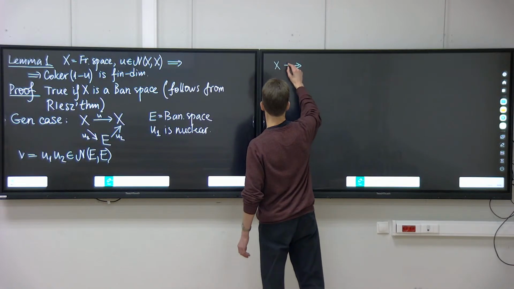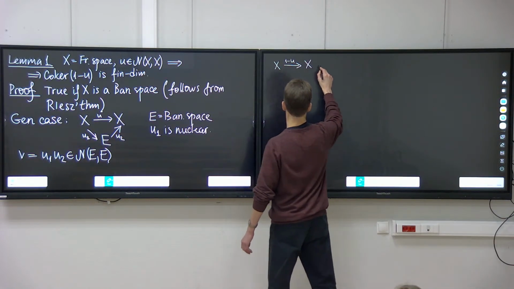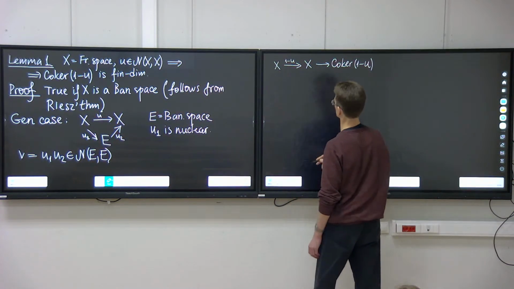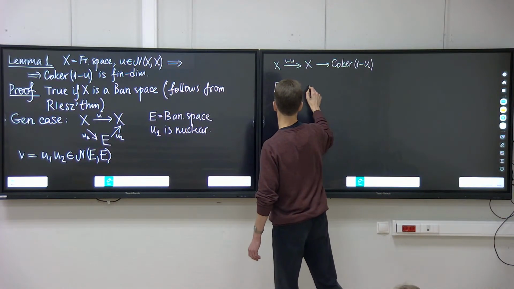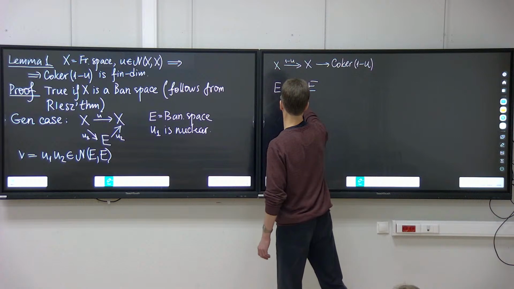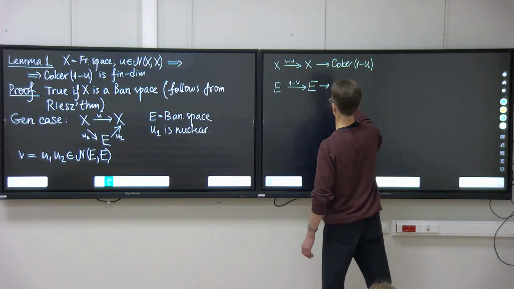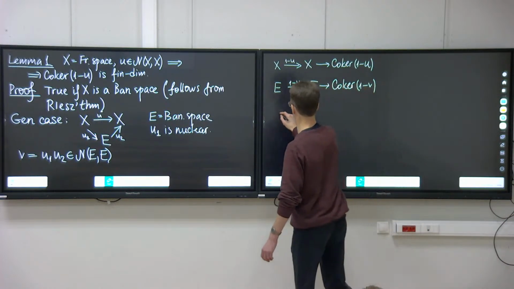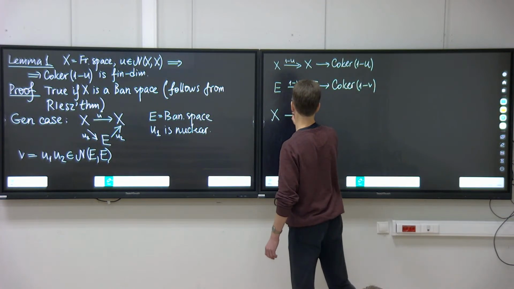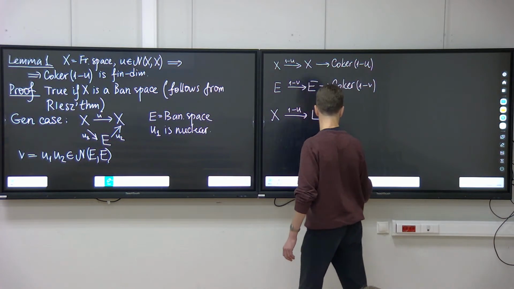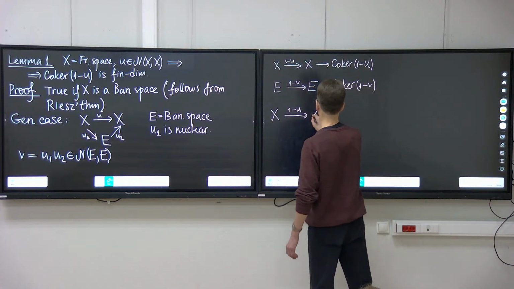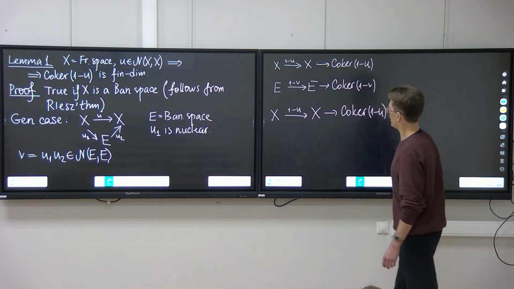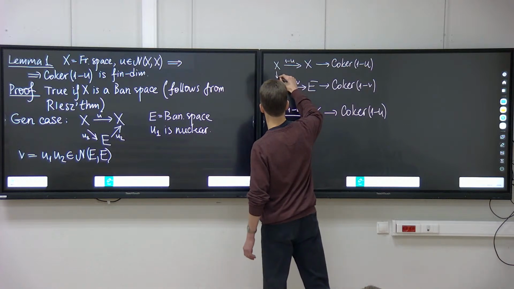This is 1 minus U. It acts on X, and we put here the co-kernel of this map, 1 minus U. Here we have 1 minus V, which acts on E, and we have a natural map to the co-kernel of 1 minus V. And again, we repeat the first row, 1 minus U, X, and the co-kernel of 1 minus U. So here we have U1 and U2.